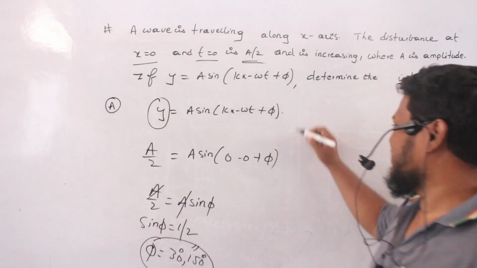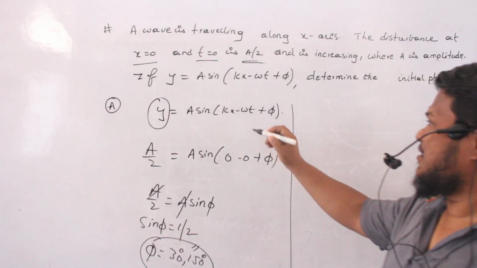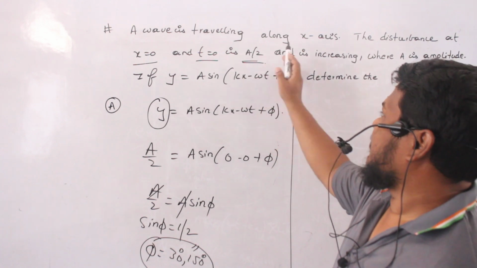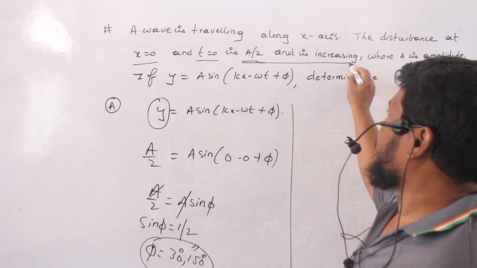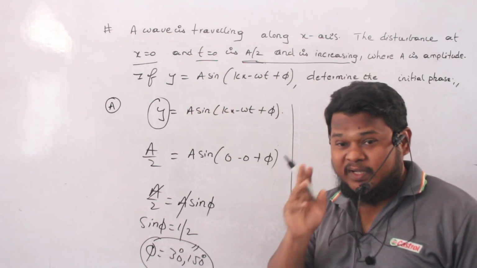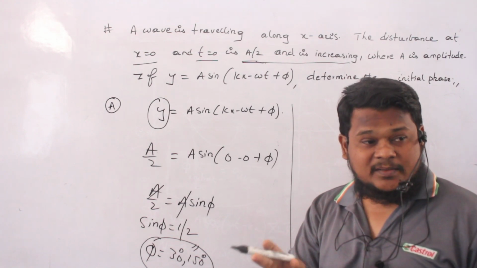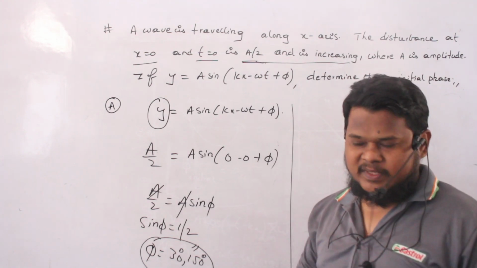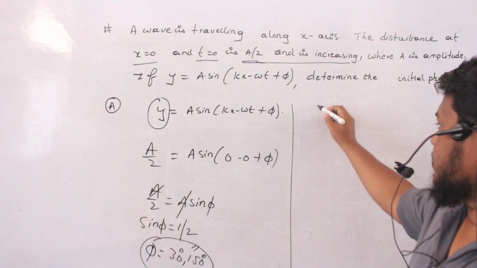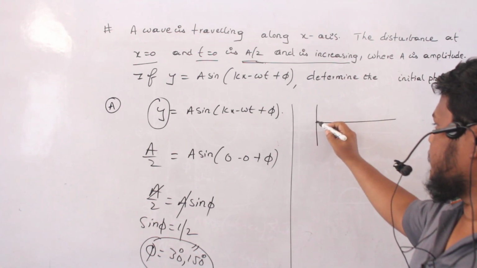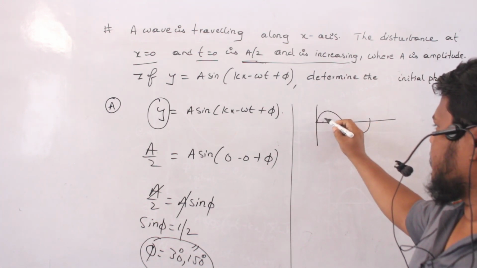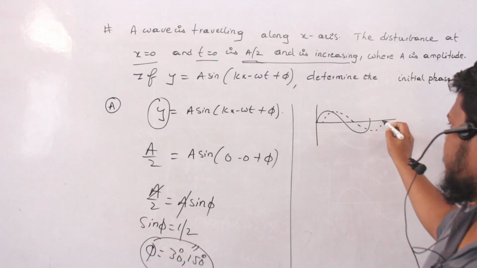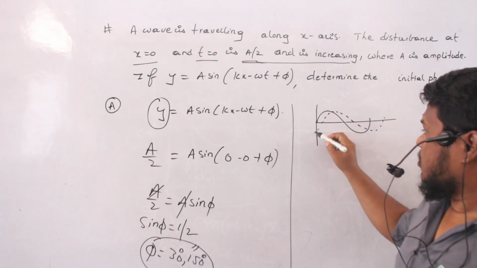See, he already gave that the displacement is A by 2 and it is increasing. What is the meaning of this? It means that the velocity of the particle is positive. If you draw the dotted line, this is the wave after a time t.